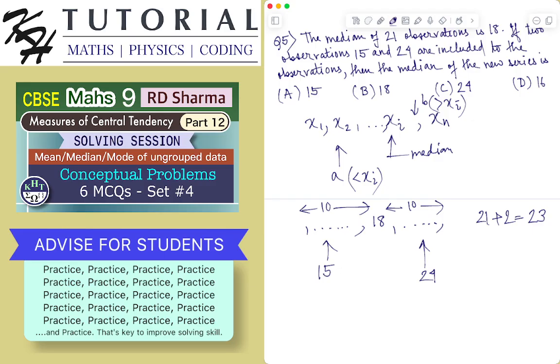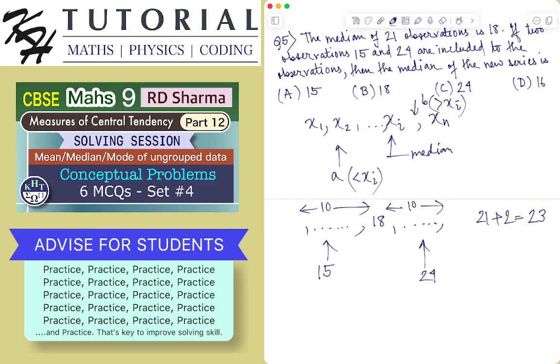But if in the problem only one number was added, only 15 or only 24, then the total number of observations would have been 22, and the median would not be the same. The median will not be 18 in the new observations. It will change. But since we are adding one value less than the median and another value greater than the median, always remember that the median remains the same.